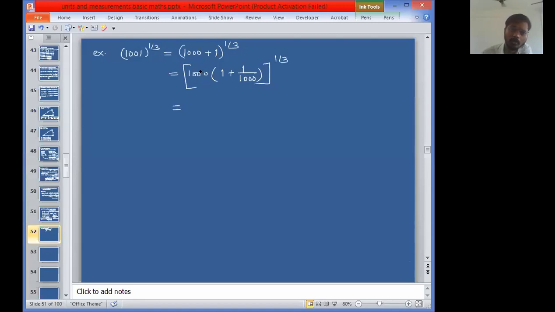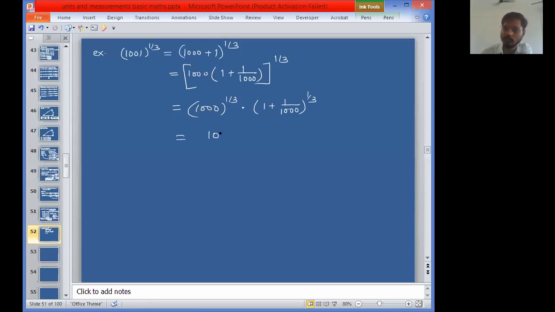Yes. Now you know (a into b) raised to n is a raised to n multiplied by b raised to n. So sir, 1000 raised to 1 by 3 multiplied by (1 plus 1 by 1000) raised to 1 by 3. 1000 raised to 1 by 3 is sir 10, because it is 10 cube.